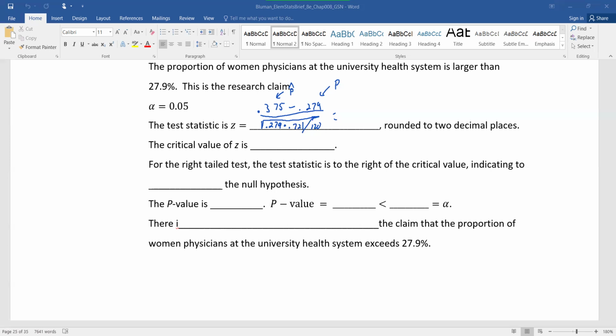So let's see what I can do with the fancy calculator here. 0.375 minus 0.279 divided by parentheses 0.279 times 0.721 divided by 120.